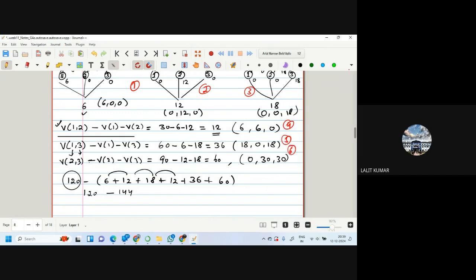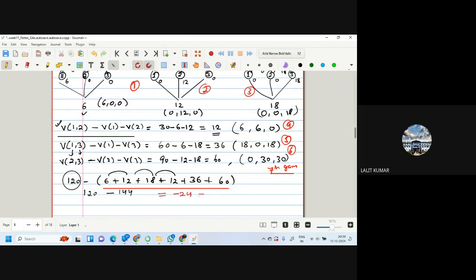If there is a seventh game, its value will be 120 minus the sum of these games. So you just add all of them and subtract from 120. The seventh game value will be minus 24.